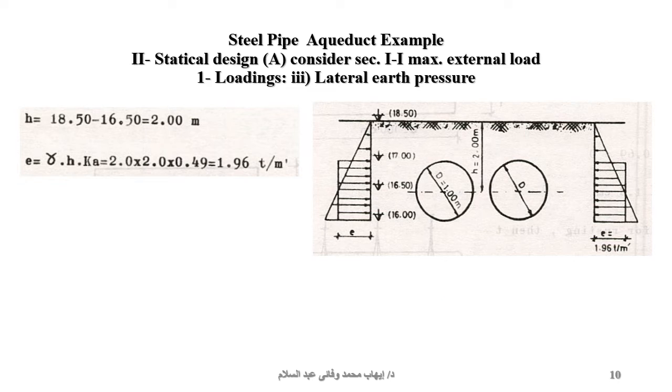The third, lateral earth pressures, we assume H equal to, that's clear in the graphics, E equal gamma H Ka equal 1.96 ton per meter run.